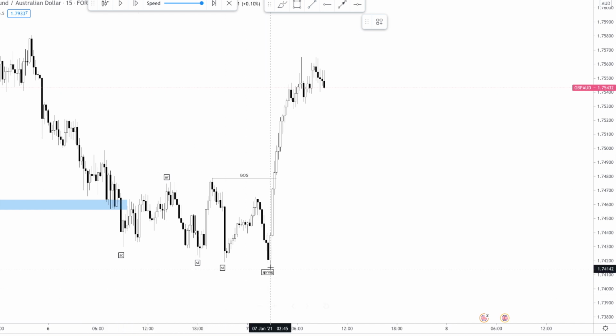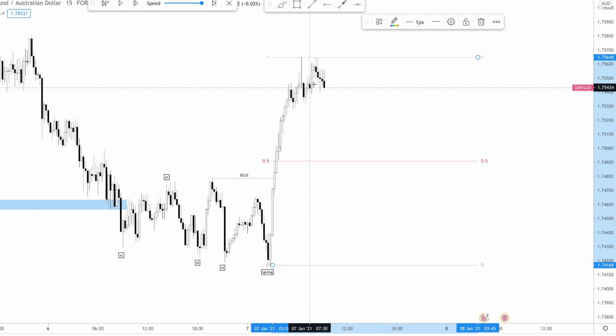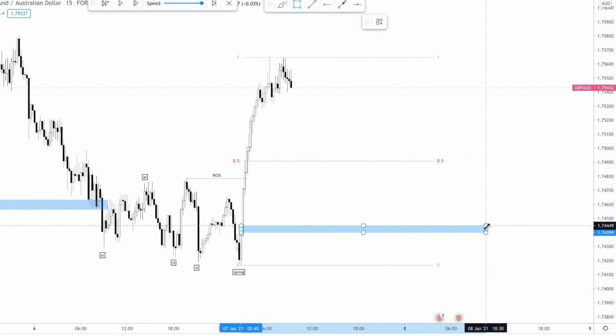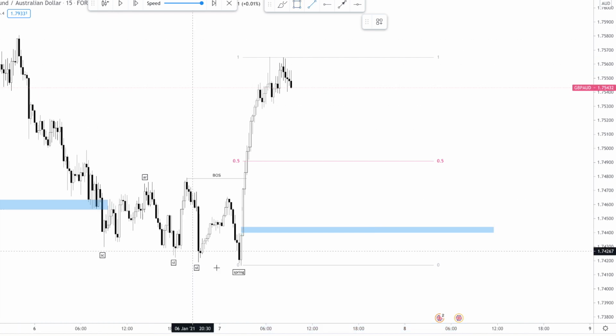Now, in this particular scenario, let's look at our 50. Our 50 is here, which is filled. This is already filled. Everything is filled except for all the way down here. Because it's filled around 50, we're going to have to use the lowest imbalance, which would be right here. So if we use this area, let's put our stop loss.